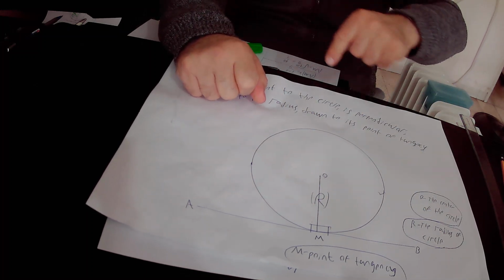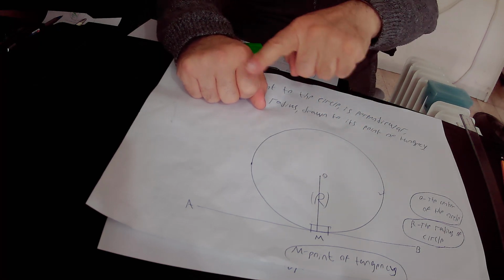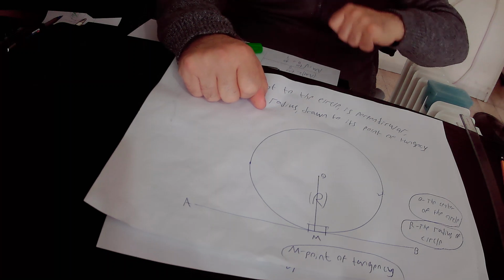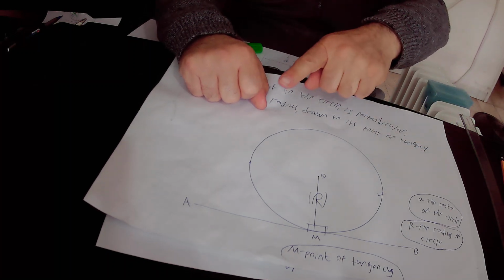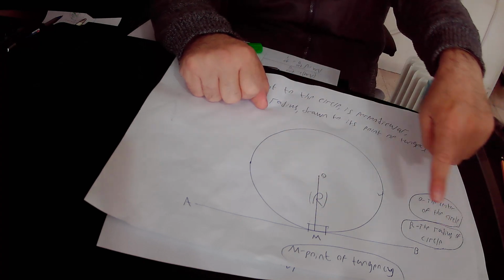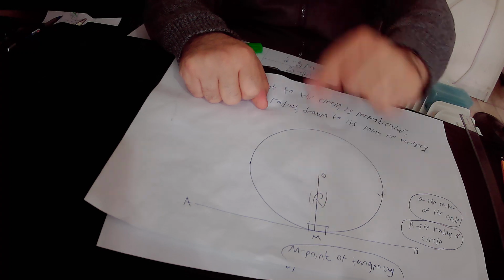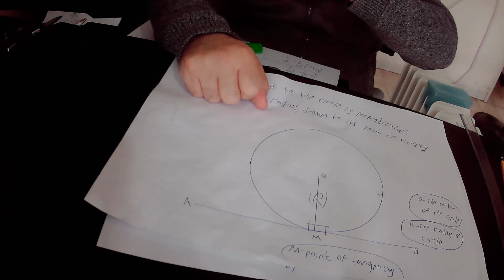And we have here the radius OM, that is drawn to point M. Therefore tangent AB will be perpendicular to the radius MO. If AB is perpendicular to MO, it means that this angle equals 90 degrees and this angle also equals 90 degrees according to rule 1.